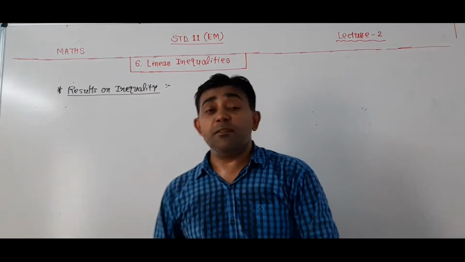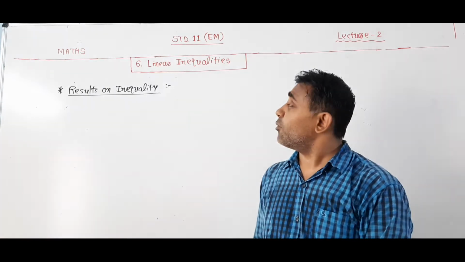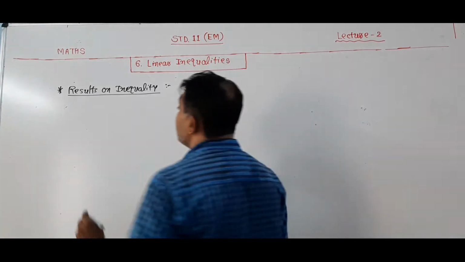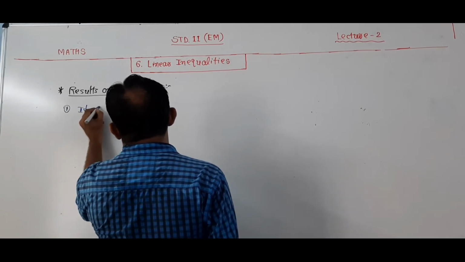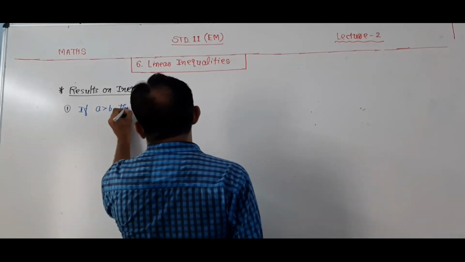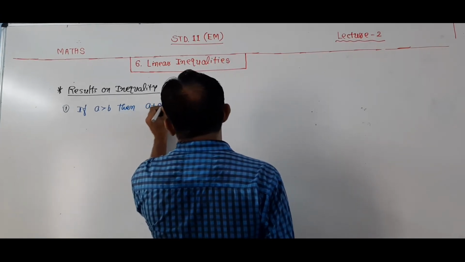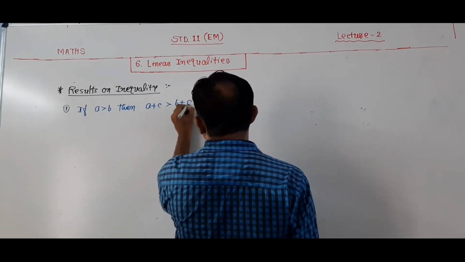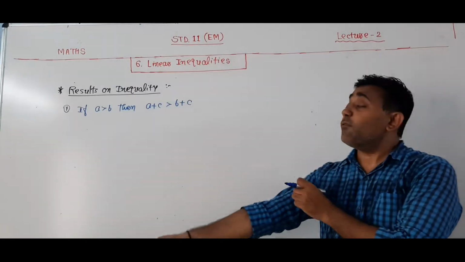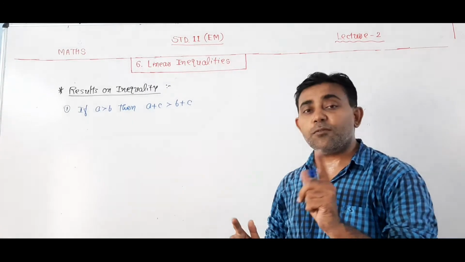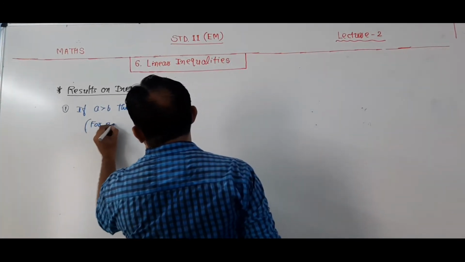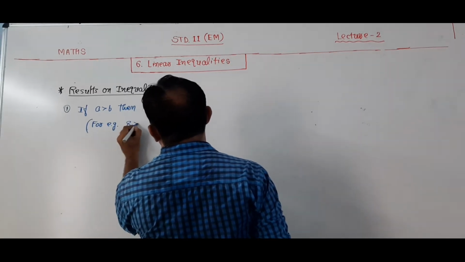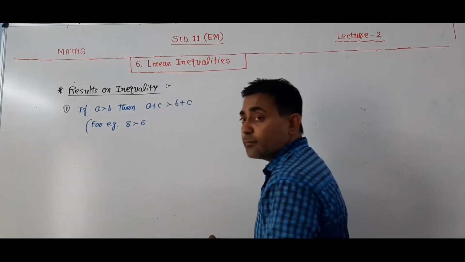Now let us discuss results on inequality. Results on inequality are very important. Let us start with the first result. If A is greater than B, then we may say that A plus C is also greater than B plus C. It means if A is greater than B is given, then we add C on both sides, then A plus C is also greater than B plus C. For example, we know that 8 is greater than 6, right?